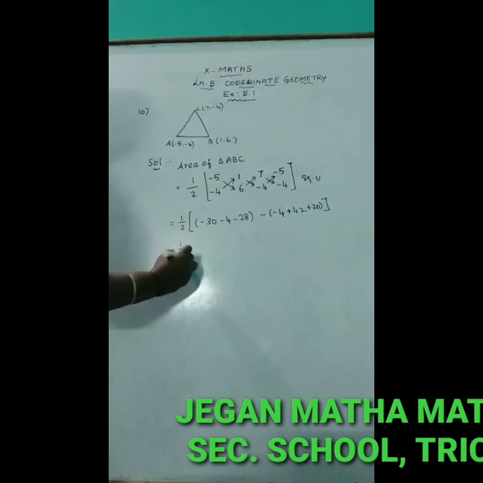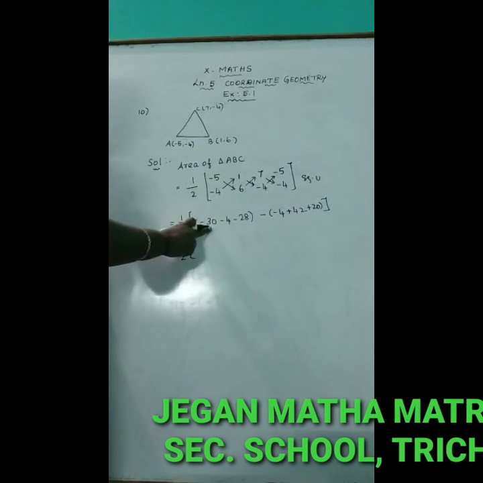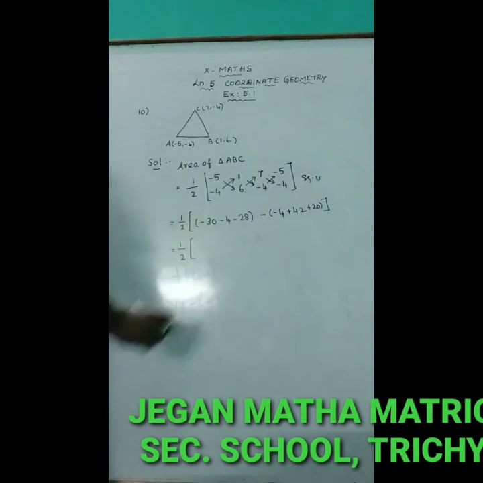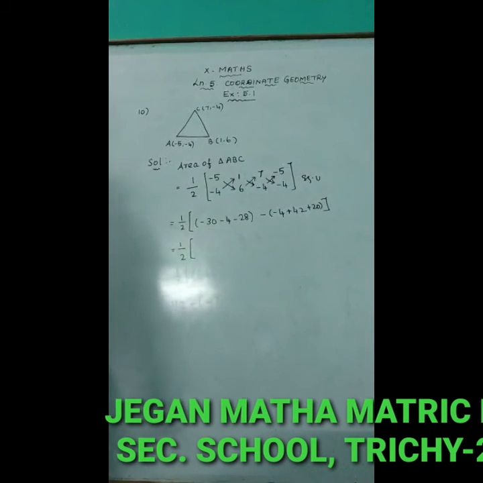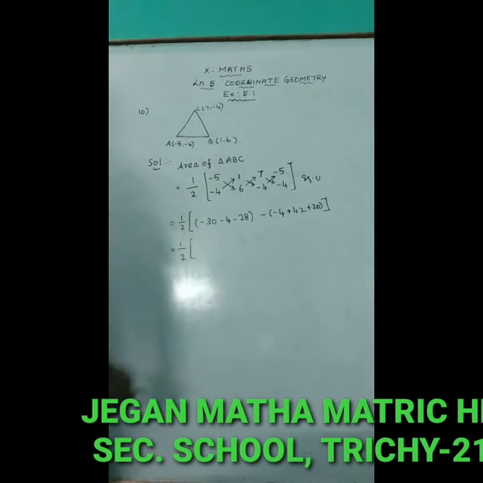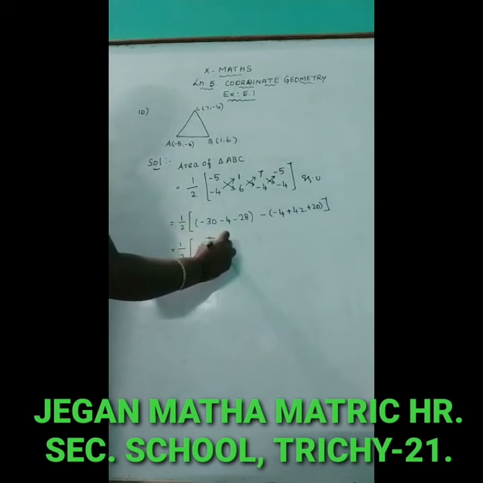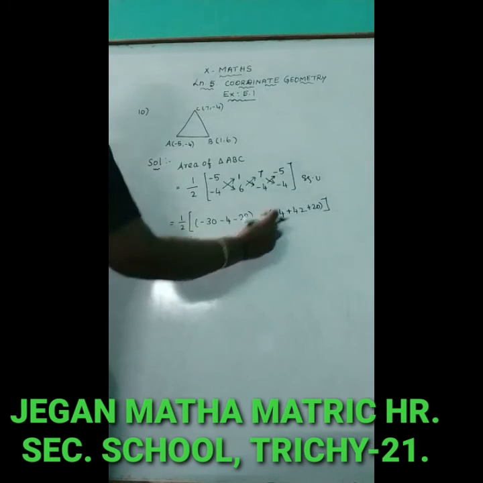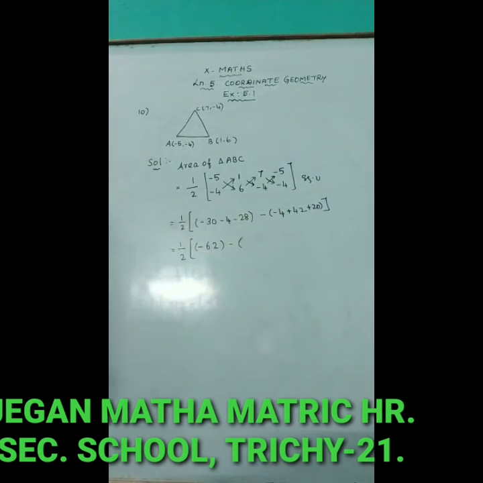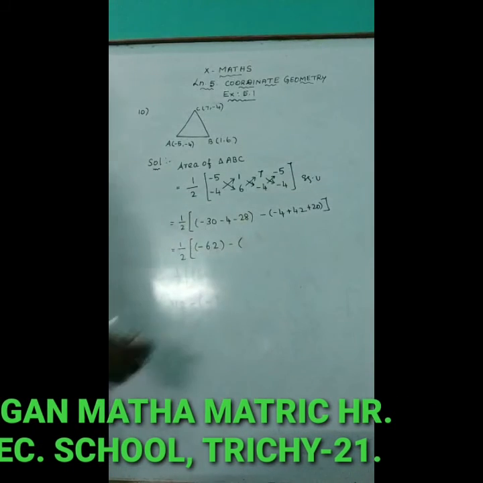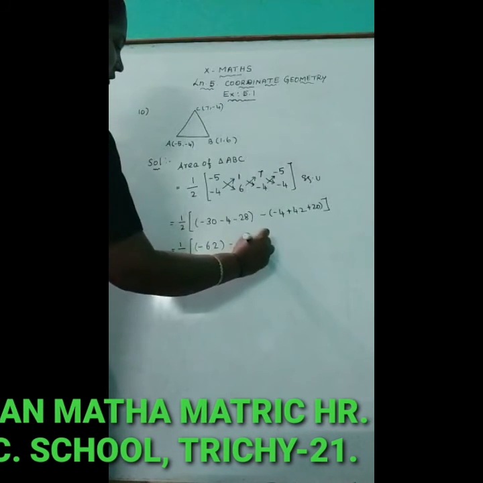We have 1 by 2 into minus 30 minus 4, minus 34. So minus 34 minus 28 we have minus 62. Minus 62 minus 42 plus 20, 62. 62 minus 4 we have 48.